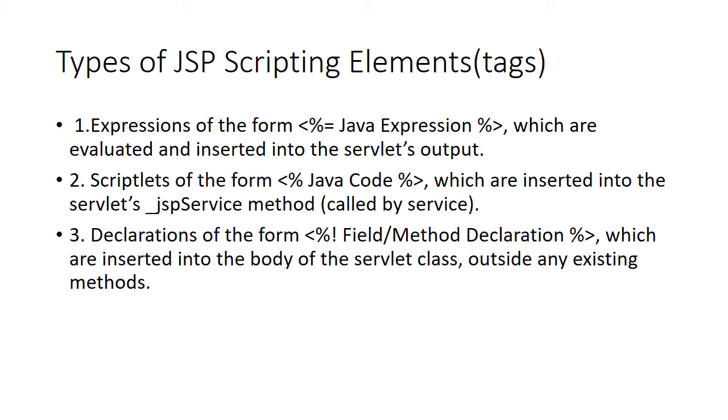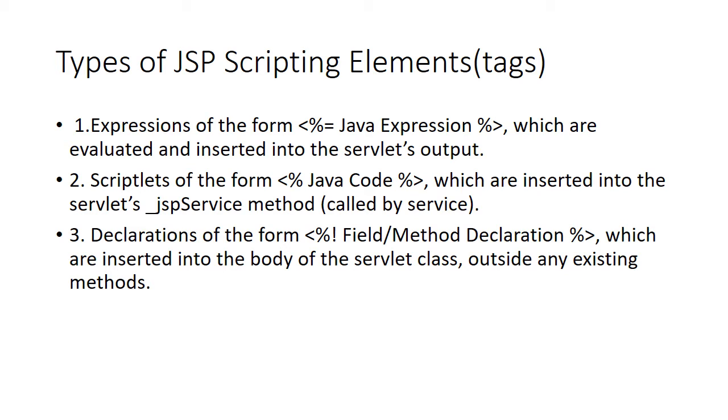Now expressions, what is the syntax? We use angle bracket percent and percent angle bracket for each of the JSP tags, right? Now the expression is indicated with an equal sign, whereas in the scriptlet tag, if you observe, there is no special symbol. You just have the mere angle bracket percent.